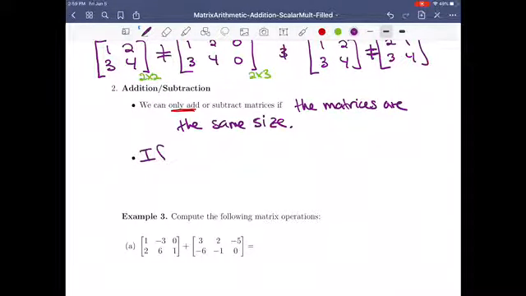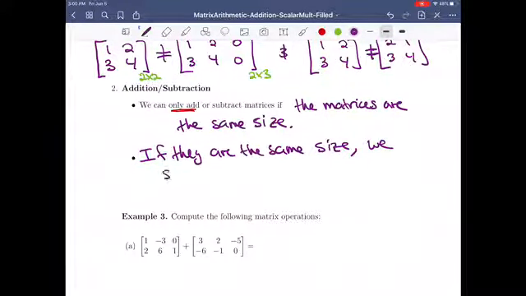If they are the same size, then we are able to add or subtract. The way that we do that is probably how you would guess. We simply add or subtract, depending on the operation you want to do, corresponding entries.